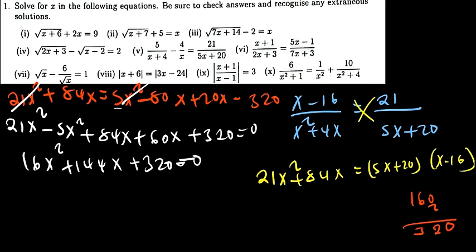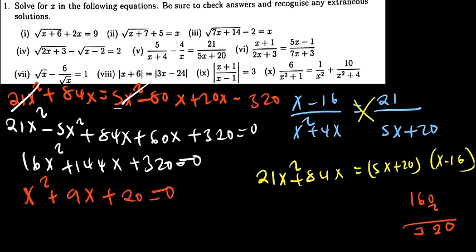I can reduce this equation. I think 16 can go into 144 and 320. So 16 into 16 is 1, so I'll say x squared. 16 into 144, it should be 9, because 9 times 16 is 144. So it's going to be 9x plus 16 into 320 is 20, is equal to 0.